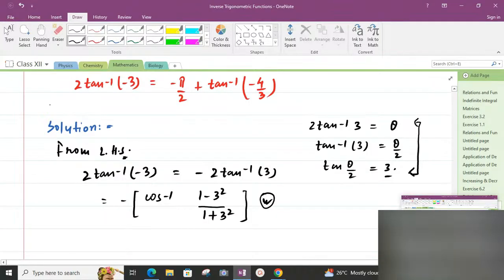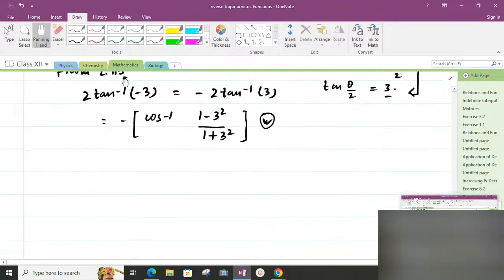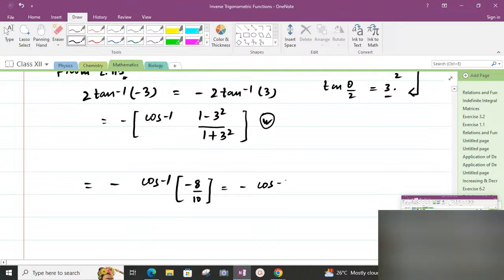So your next step here will be equal to minus cos inverse of (1 minus 9) by (9 plus 1), equal to minus 8 by 10, equal to minus cos inverse of minus 4 by 5.